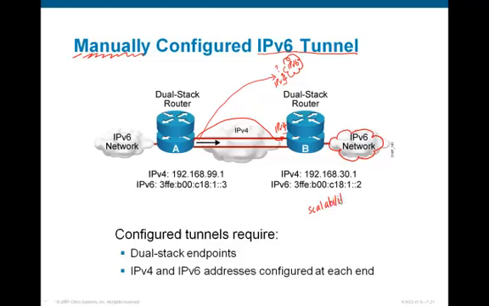As more and more pockets of IPv6 come up on the internet, you as an internet service provider would have to manually remember more and more next hop IPv4 addresses. So this one becomes a scalability nightmare.